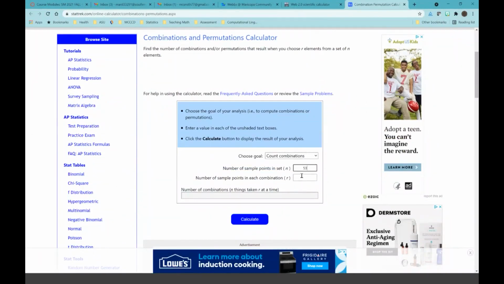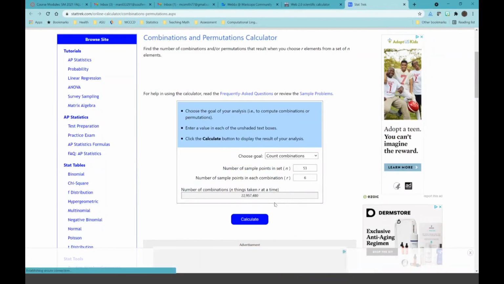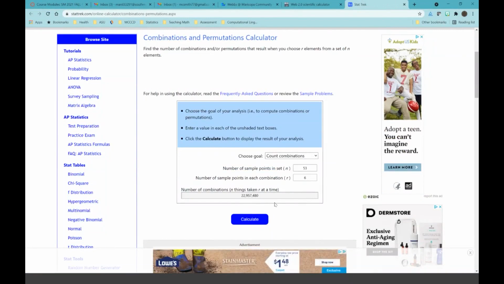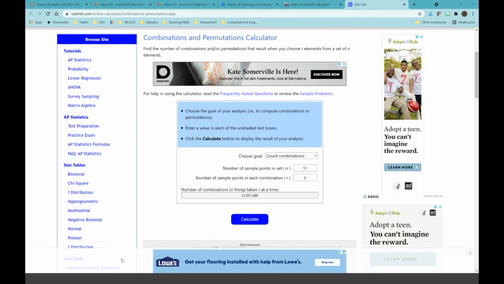I've got 53 balls I'm picking from, and I want the choice of 6 of those. And I get 22,957,480. So there's a 1 in 22 million chance that I'll actually win here.